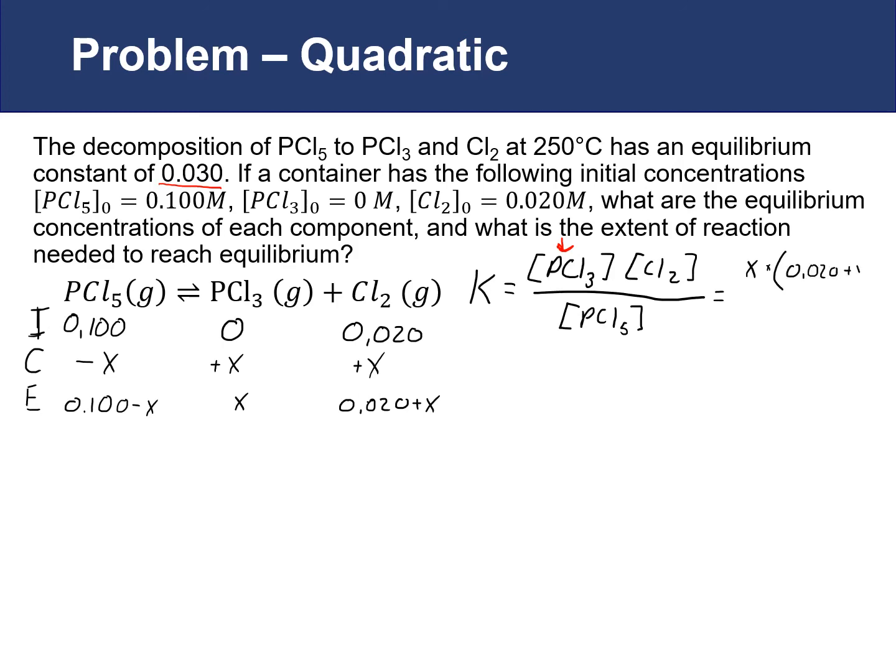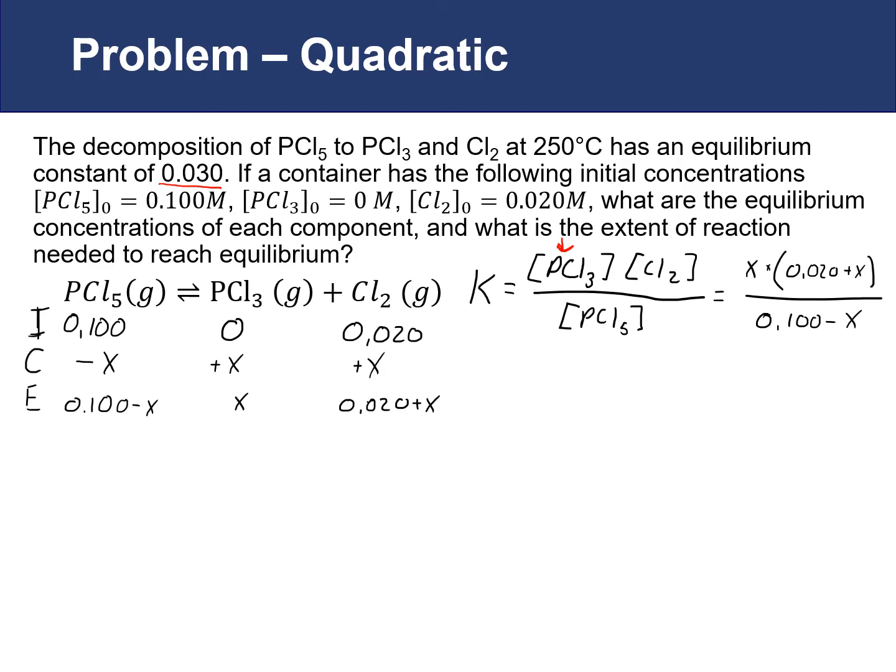Plugging our values into our equilibrium constant expression gives us x for the PCl3 times 0.020 plus x over 0.100 minus x. Now, what we should do is look to see if the assumption rule is going to work. So we try it out and evaluate, is x less than 5% of the values that we're working with?